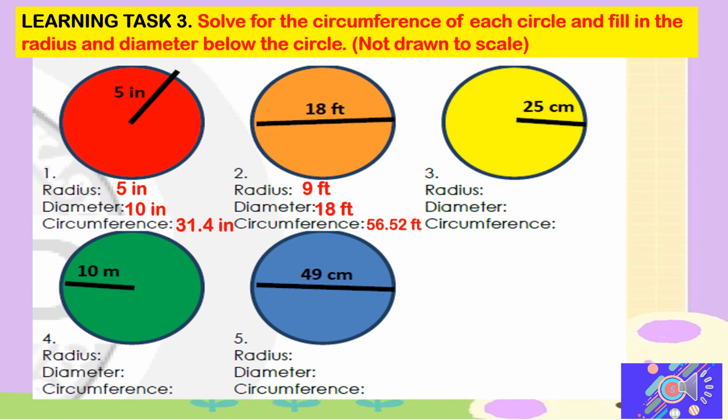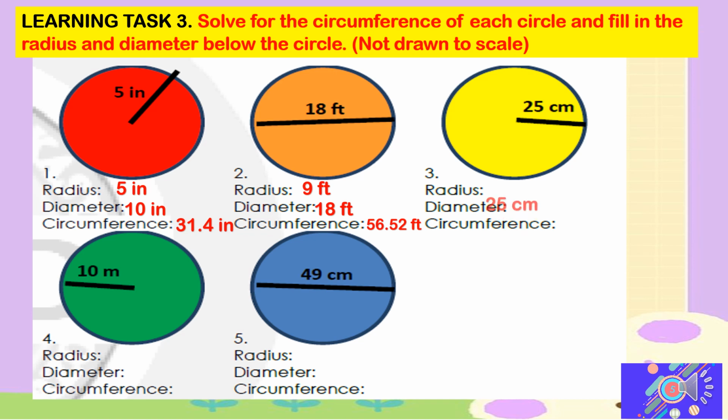Okay, so paano ba natin nakuha yan? So the formula is C is equals to pi D. So pi D, that is 3.14 times 18 feet, and the circumference is 56.52 feet.